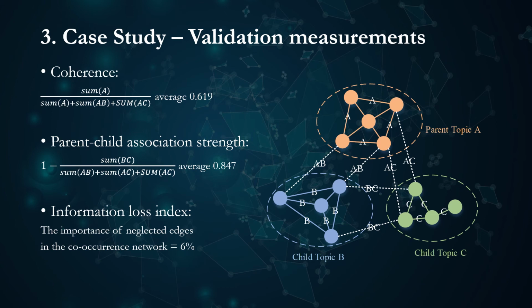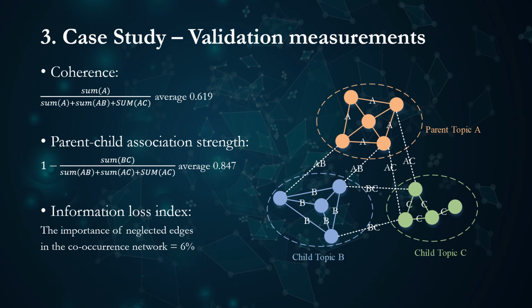And the second one is parent-child association strength. So this one measures how strongly the parent nodes are associated with the children. So in this value, we get an average value of 0.847. So for this value, the same, the larger the better, and we accept this result is pretty good.